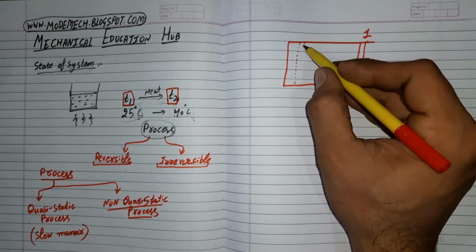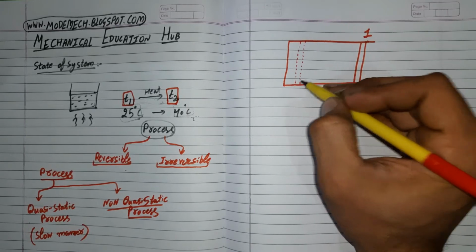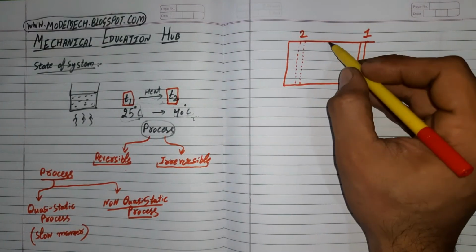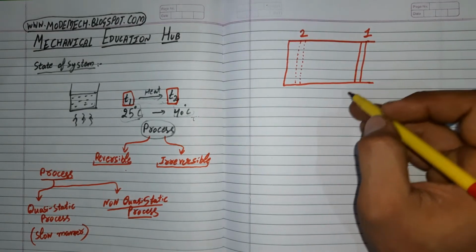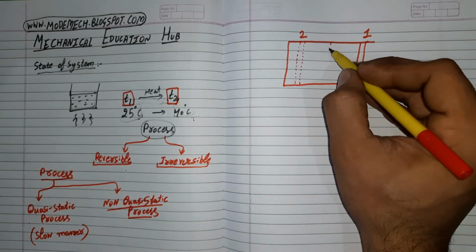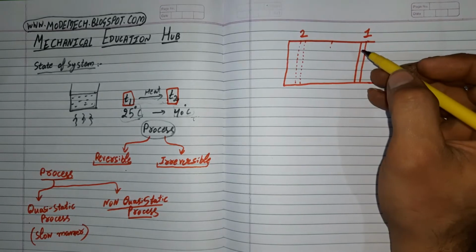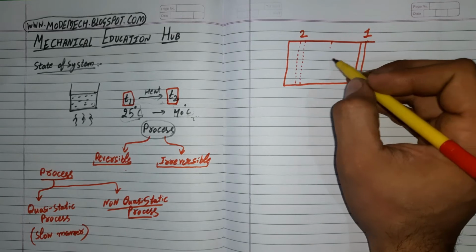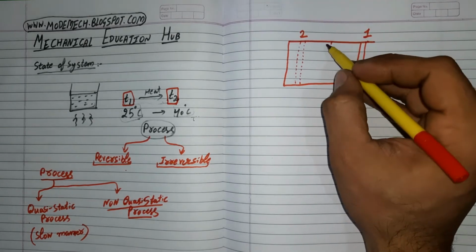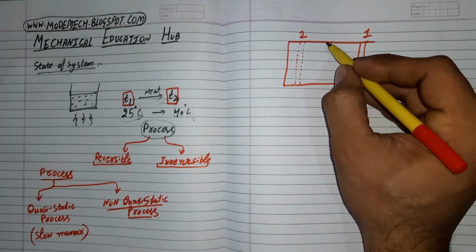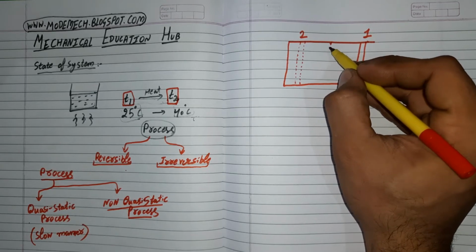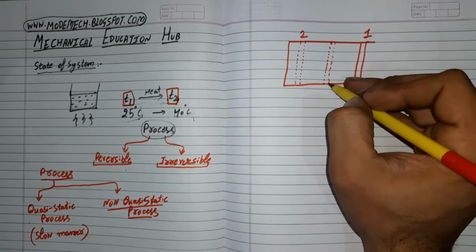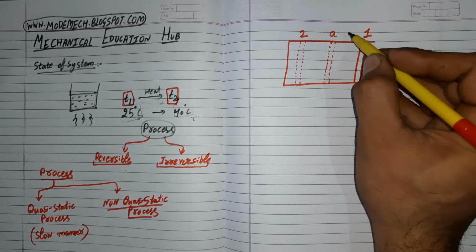Let's assume this piston moves to its final point, point 2. Between this whole process, there are n number of time intervals where the piston will move in the cylinder. We will study this piston when it is at a position somewhere between 1 and 2. Let's consider that position to be A.